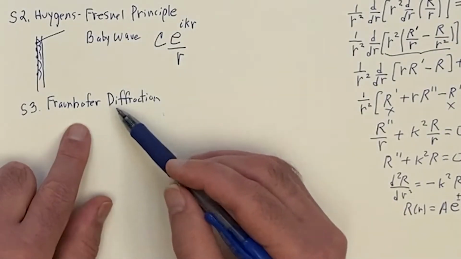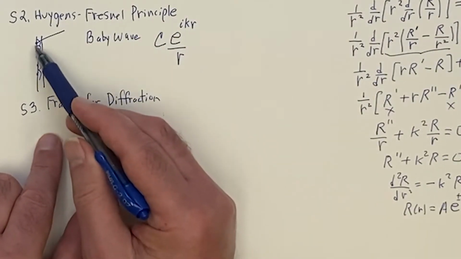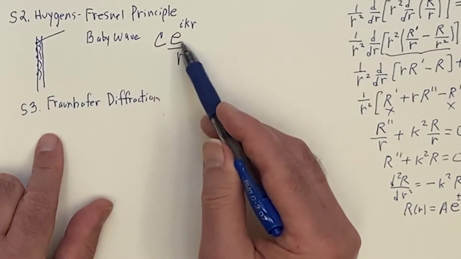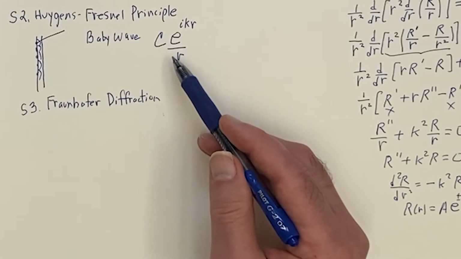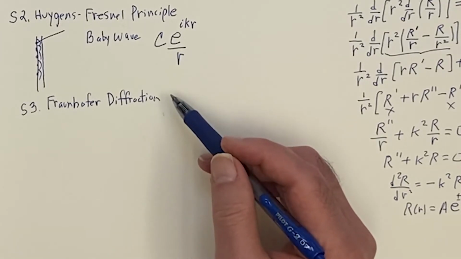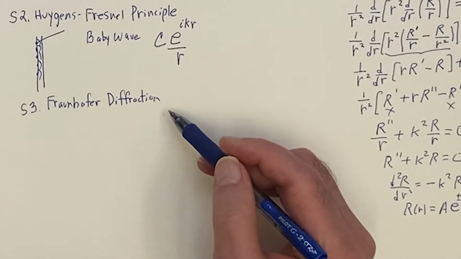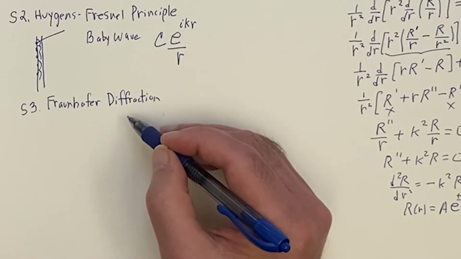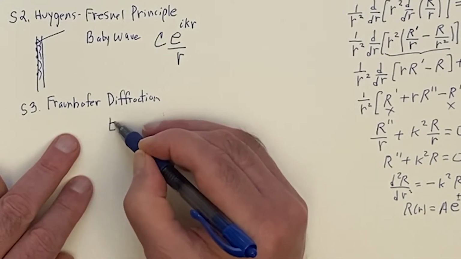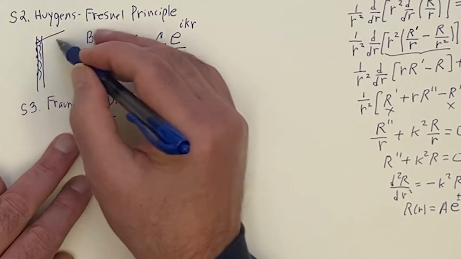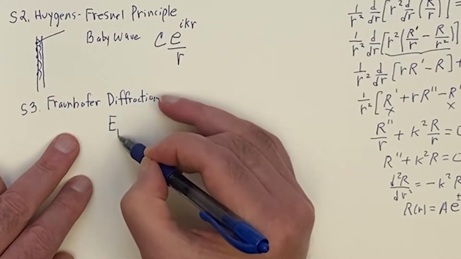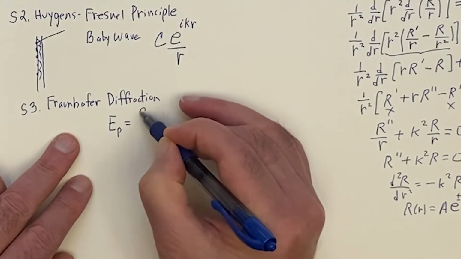So the idea then is to integrate this. See, when you add up all the baby waves, you're basically doing an integral. And that's what we're going to be looking at next. We'll be doing the single slit first. And you can think of this as some point away from the source is going to be an integral.